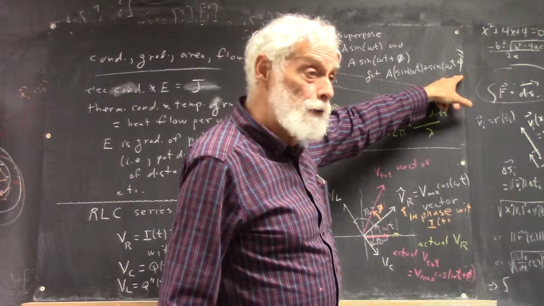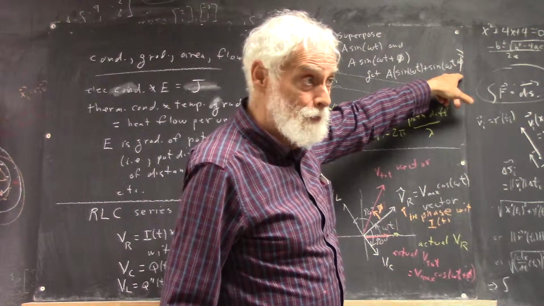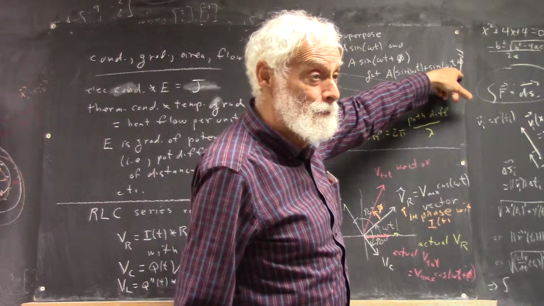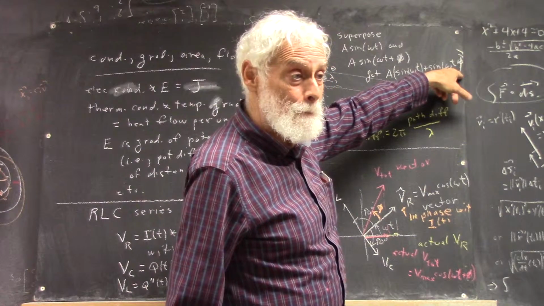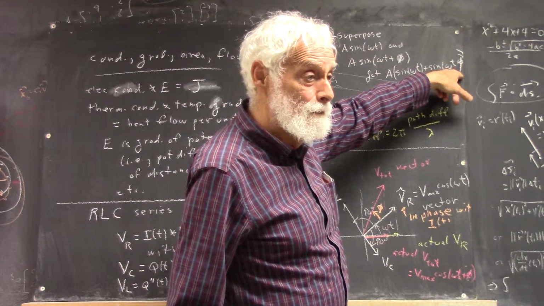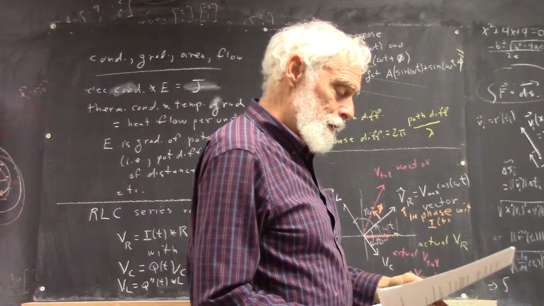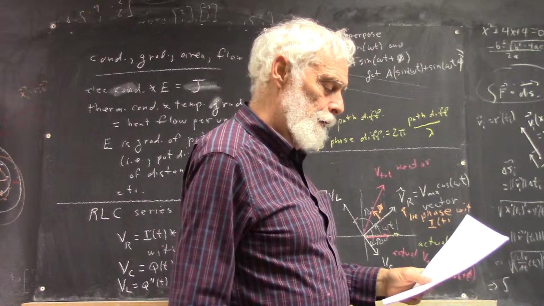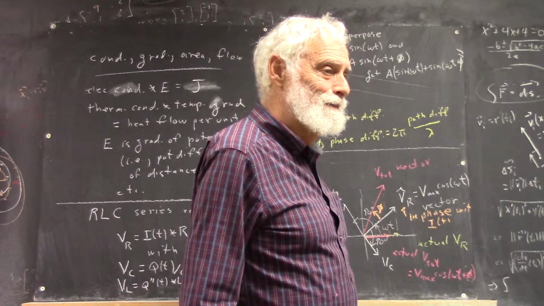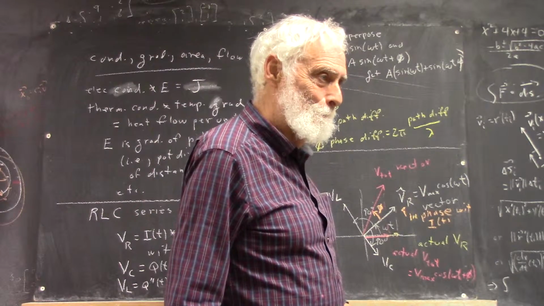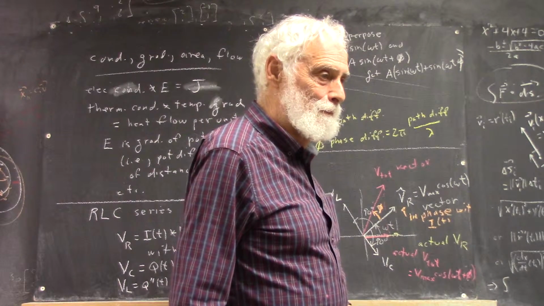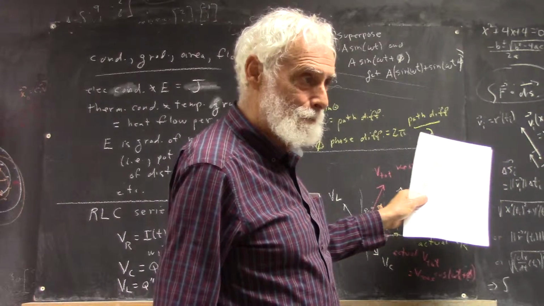And that multiple is going to involve cosine of phi or sine of phi. Yeah, sine of phi. Okay? So you write it out, and you see if the expression I put down here is correct. Okay? So you've got an expression here.